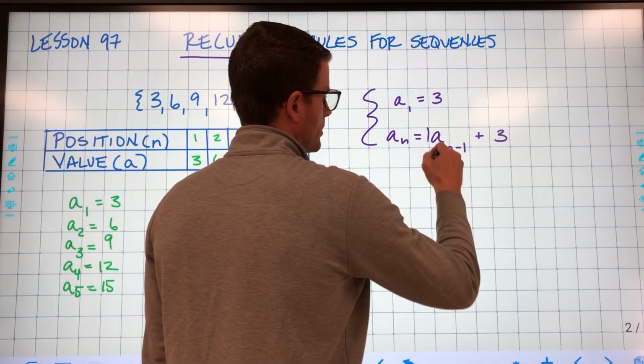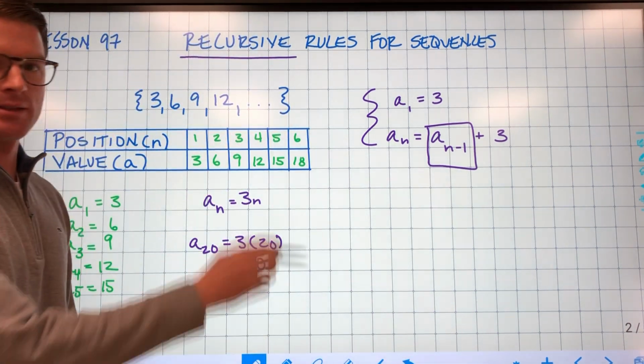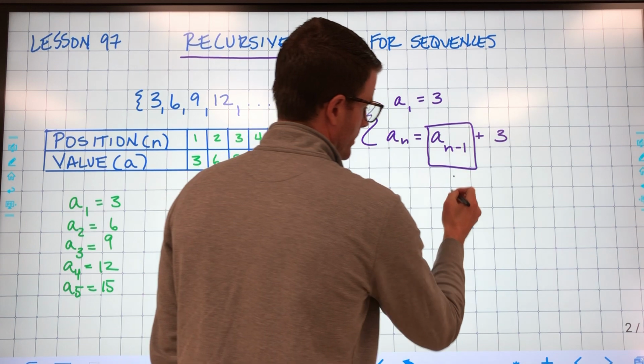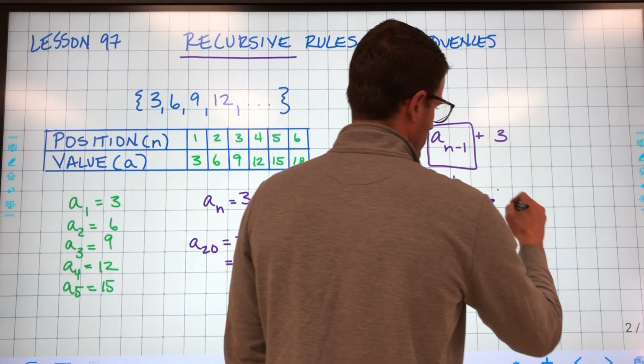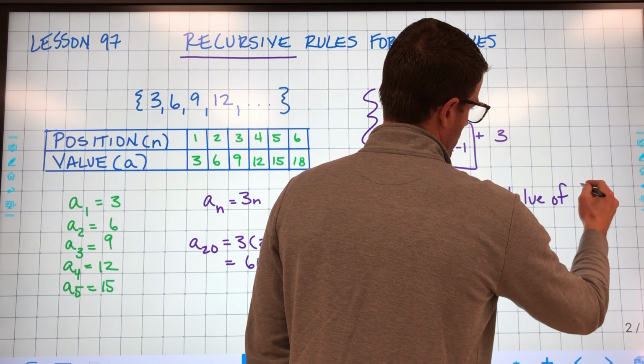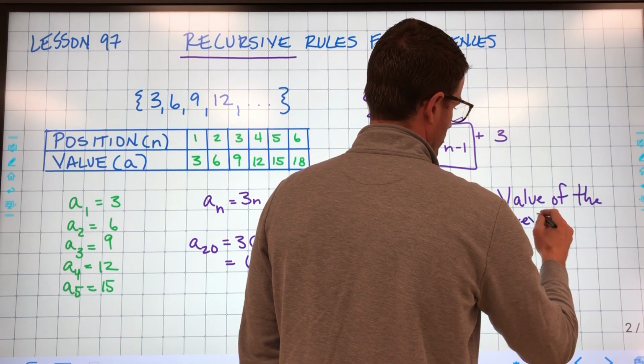So this is the new part in today's lesson. And all this is the value of the previous term. So we would read this as the value of the previous term.